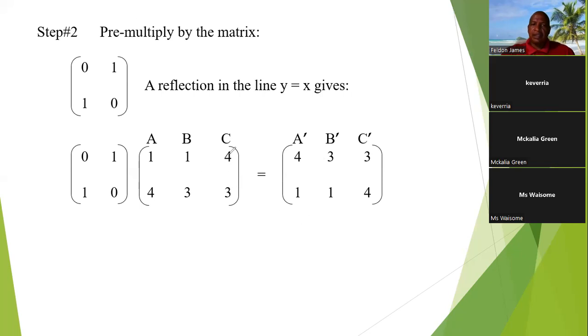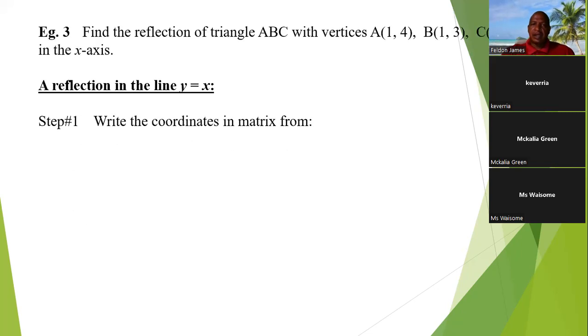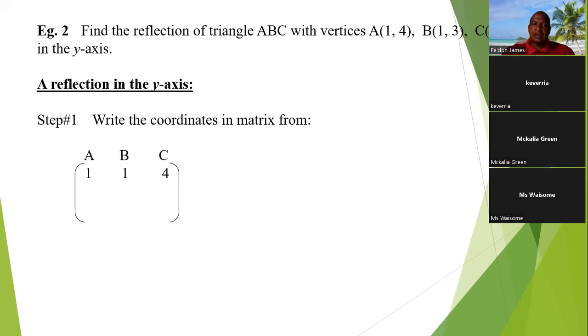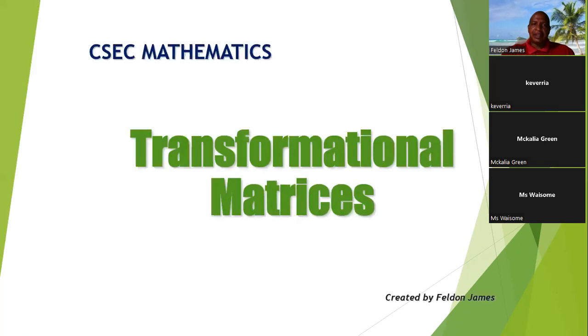Is that the one that rotates 90 degrees? Yes, sir, I think so. All right, let me check it and make sure, because I don't want to tell a lie. All right, so back to the rotation matrix.